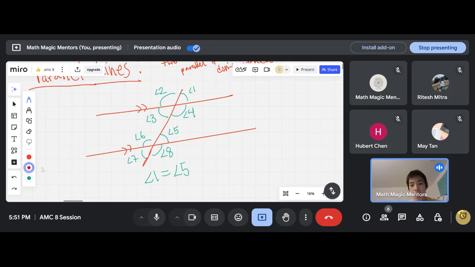We can also say that 7 is equal to 3, by the same logic, because it's this angle and this angle, and so they have the same configuration. So angle 3 is equal to angle 7.